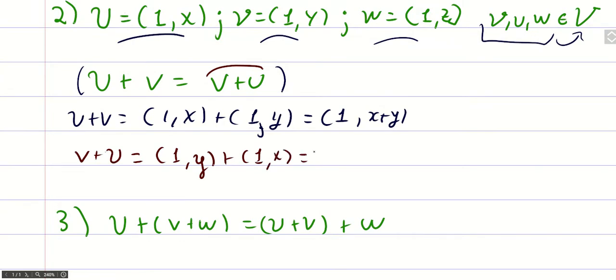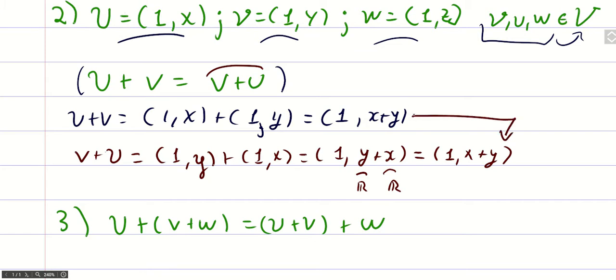And when we sum them up, we got (1, y plus x). But these two here are real numbers, so we know that the summation in the reals commutes. That means that this vector is also equal to (1, x plus y), and then we got that these two vectors are the same. Therefore this property is satisfied on this space.